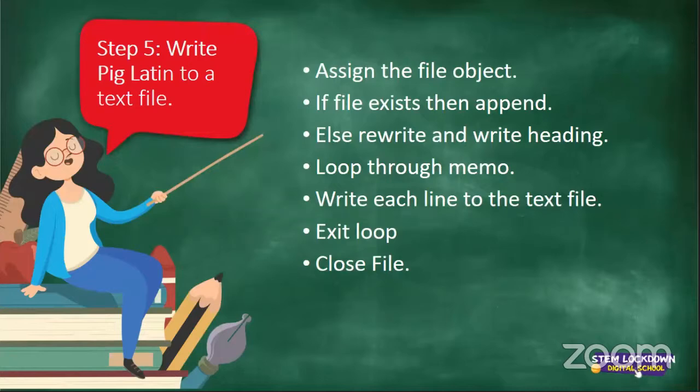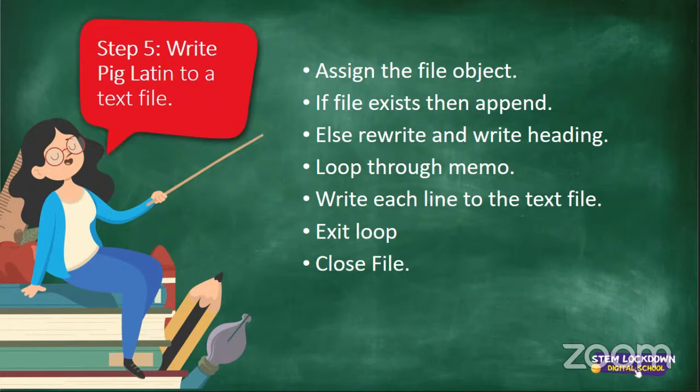Now we want to ask a quick question. We want to say, okay, if this file exists already, now it doesn't exist at this stage, but we can test both scenarios. If the file exists already, then open this text file in such a way that you don't overwrite anything, but rather append to the end.